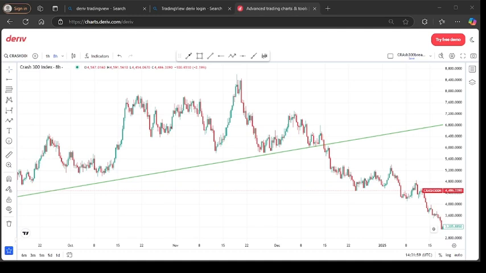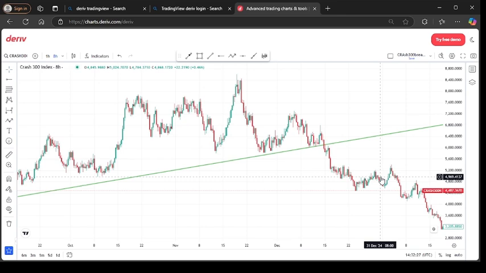This is Crash 300, and suppose you want to sell because now you are aware that price is going to move down. But remember, this is on a daily time frame. So the rule when you are trading breakouts: don't just rely on higher time frames like the daily. You need to move to a lower time frame after confirming that price is moving down.